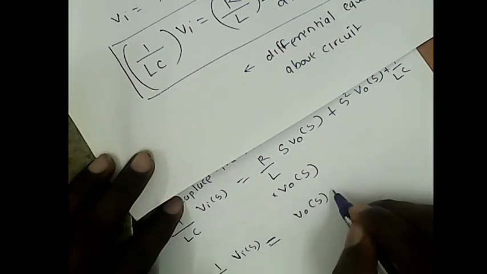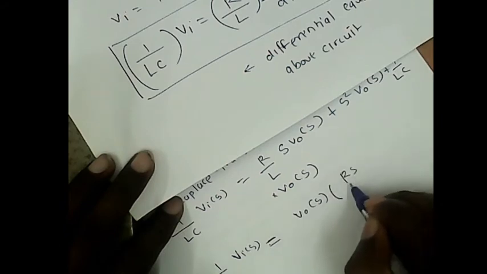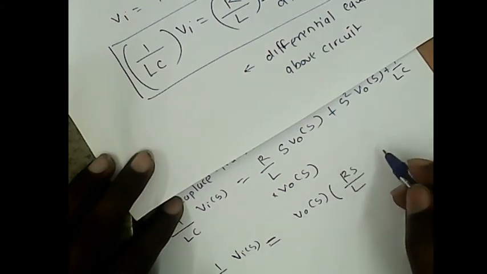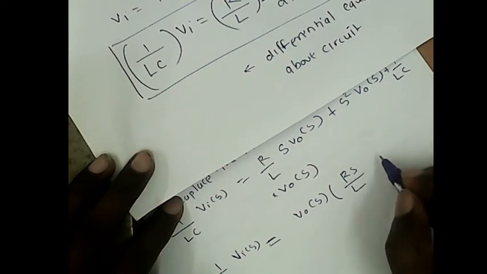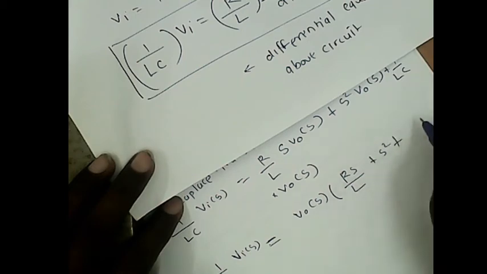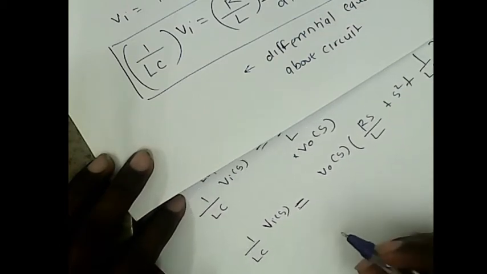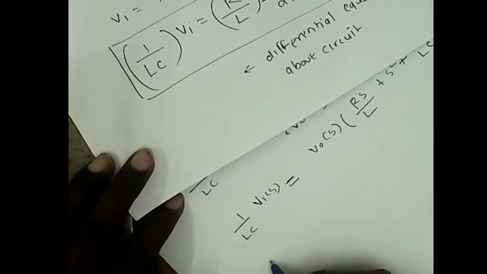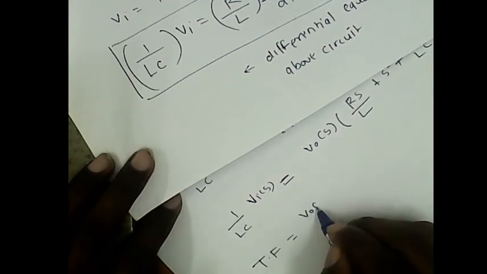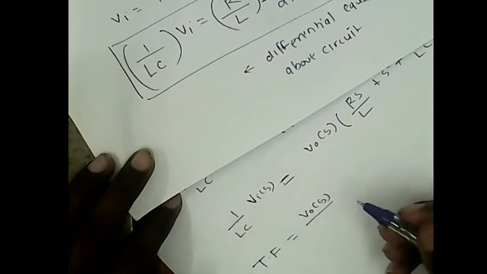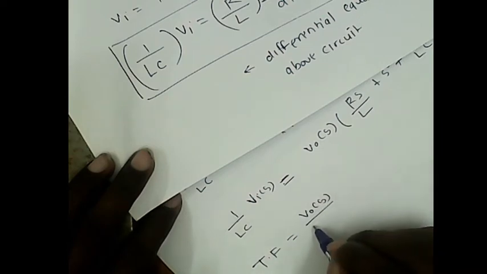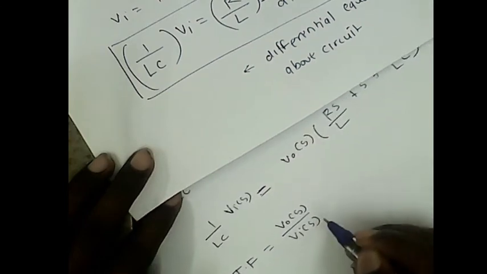V0 of s is common, so R s upon L plus s square plus 1 upon LC. So we can write down the transfer function, which is output divided by input. So transfer function, that is V0 of s upon Vi of s, Laplace transform of output divided by Laplace transform of input.